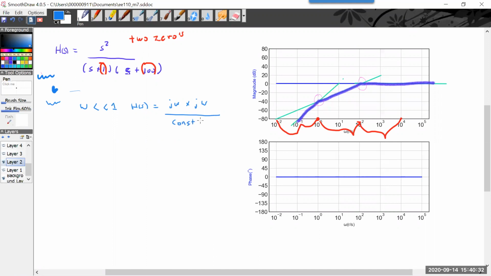And because it's phase, we really don't care what the constant is. We just know that it's 0 degrees phase, right? And this way of breaking up s squared gives us 90 and 90, which then gives us 180.